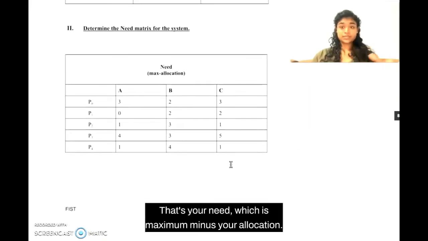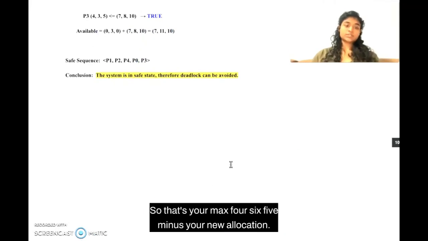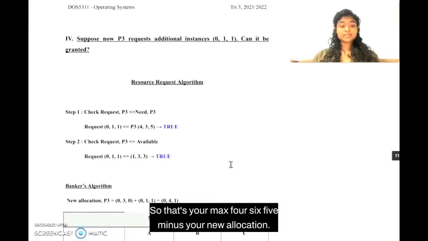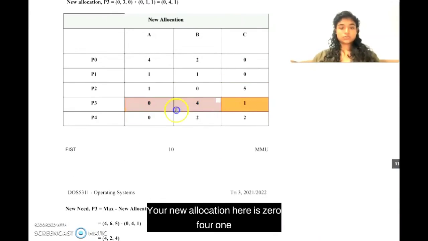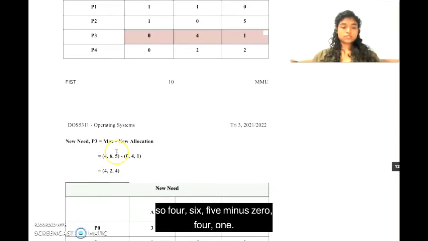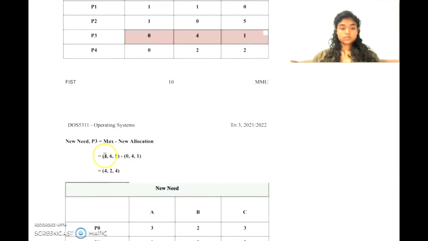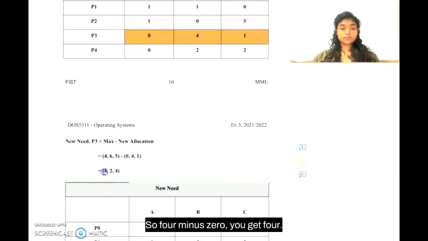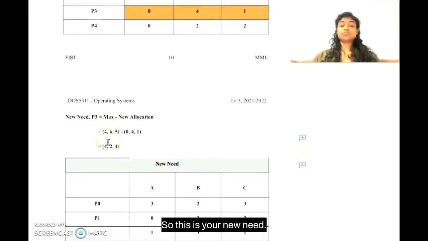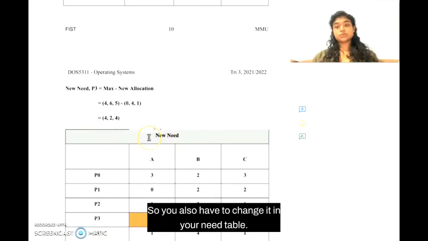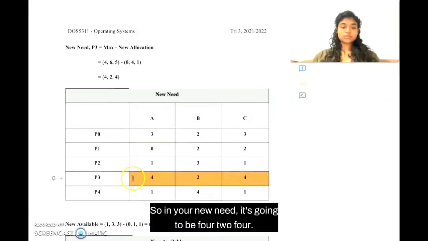Need is maximum minus allocation, so 4, 6, 5 minus your new allocation 0, 4, 1. 4 minus 0 is 4, 6 minus 4 is 2, and 5 minus 1 is 4. So this is your new need, and you also have to change it in your need table: it's going to be 4, 2, 4.